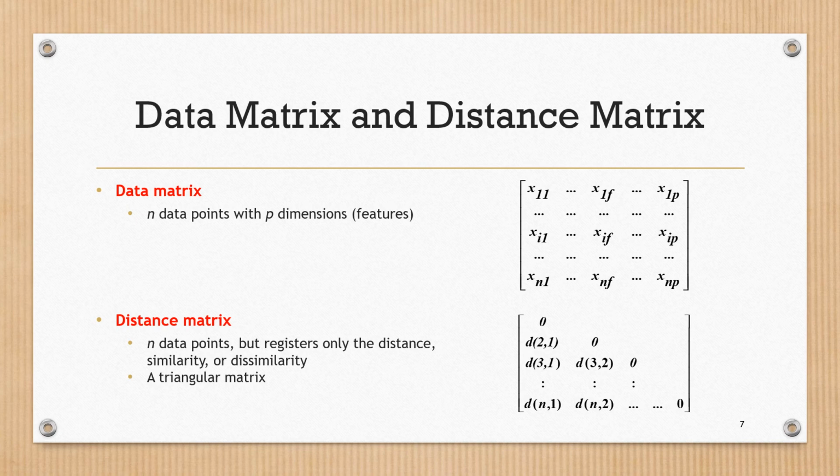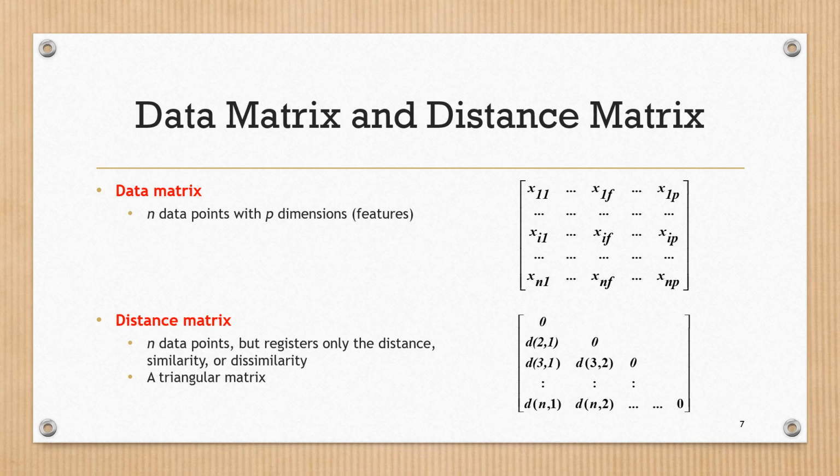Specifically, if we have n data objects in the data matrix, then the distance matrix or similarity matrix should be a matrix of size n by n. The n by n matrix enables us to store the proximity measure between pairs of data objects.